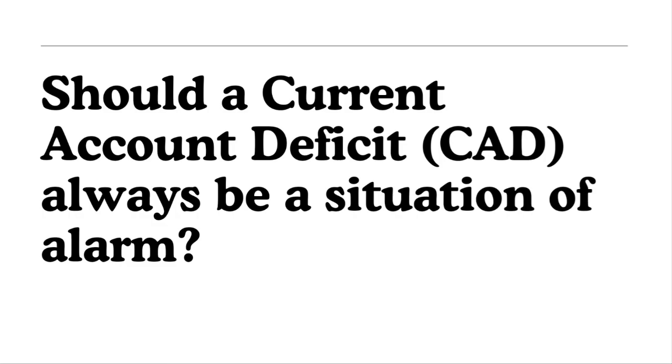So a current account deficit could signal a weaker currency, because when a country's imports are exceeding its exports, it can cause a decrease in demand for its currency. So what will happen? It will lead to a weaker currency value, right? Depreciation. This will make imports more expensive, leading to higher inflation and reduction in purchasing power. Correct?